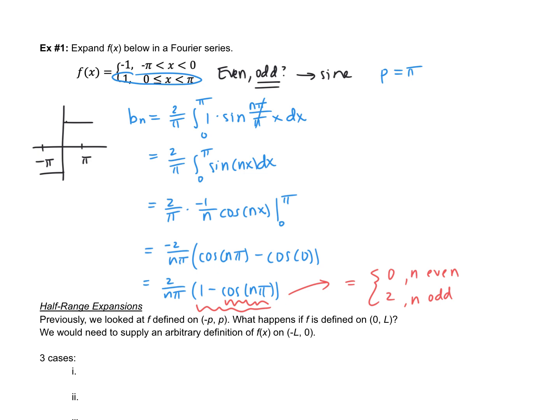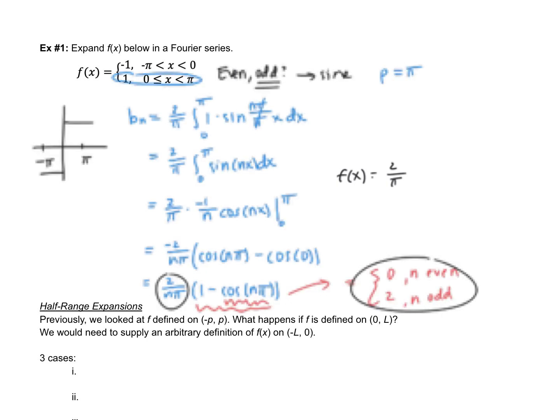So ultimately, f of x is equal to 2 over pi, the sum from n equals 0 to infinity of 1 subtract negative 1 to the n, over n, times sine of nx.